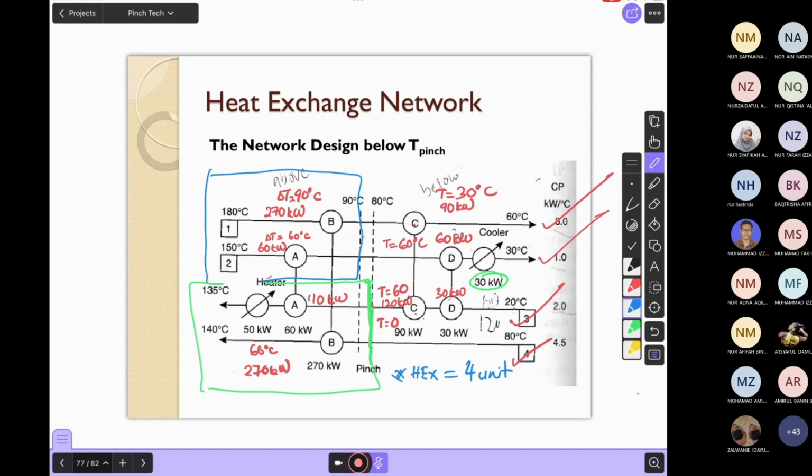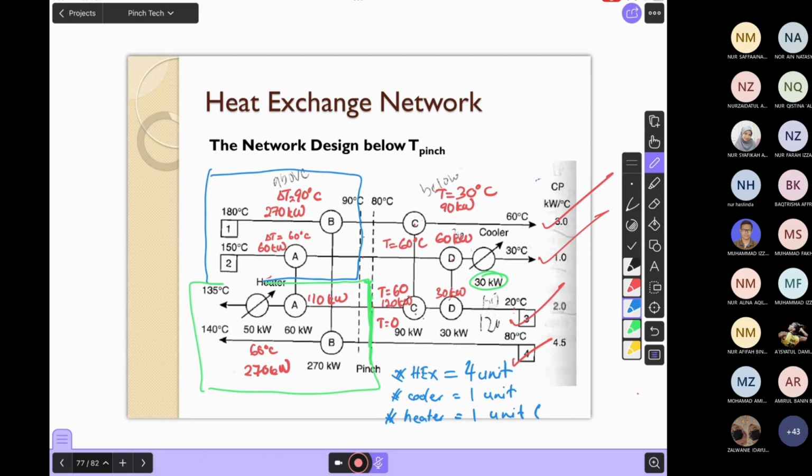Okay, number of cooler is equal to 1 unit. Number of heater is equal to 1 unit.